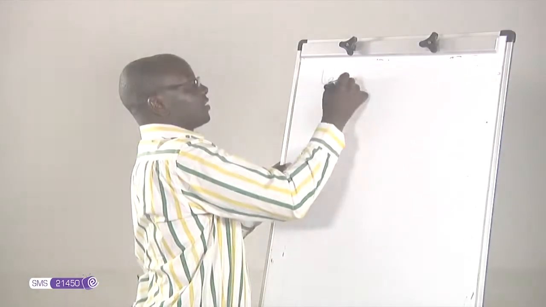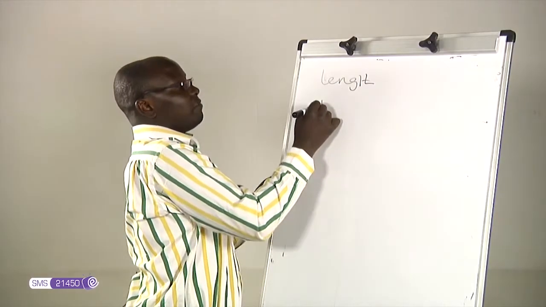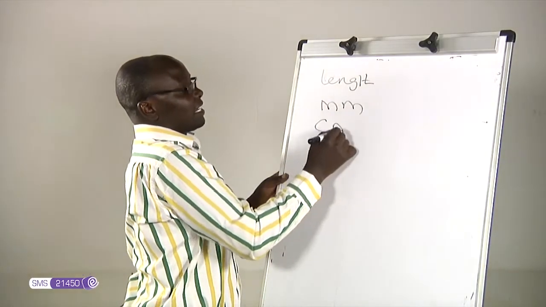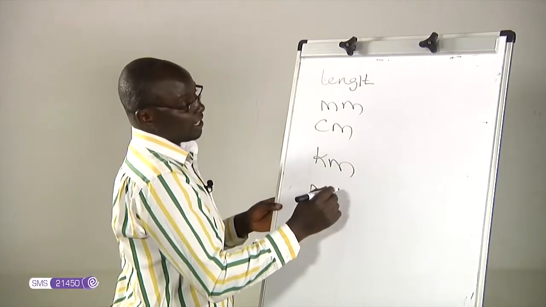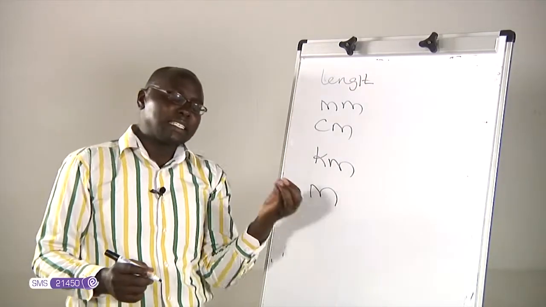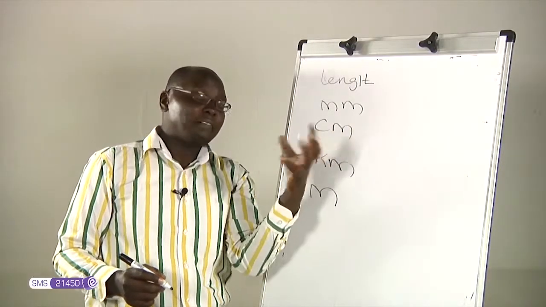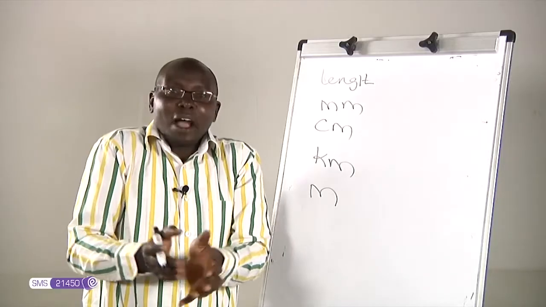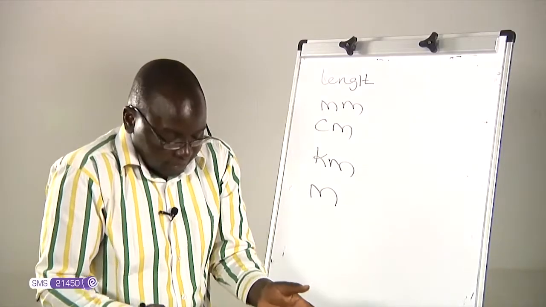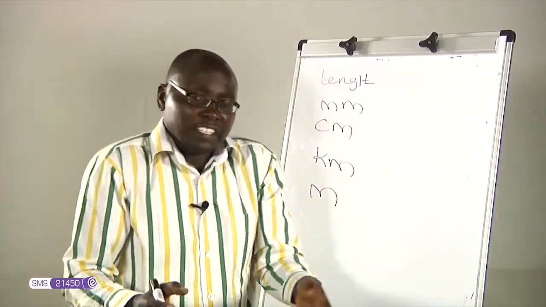So we have millimeters, we have centimeters, we have kilometers, we have even the meter. Although the meter is the SI unit of measuring length, the choice of one depends on the magnitude or the size of what you're measuring.